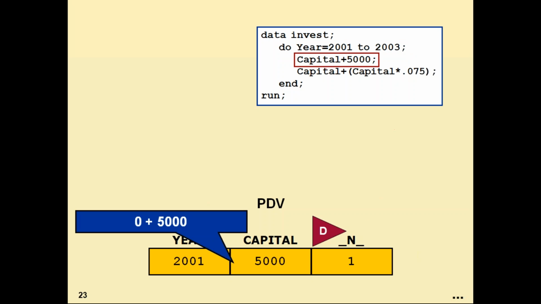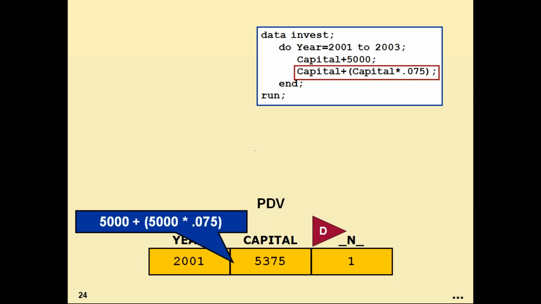When it executes the statement capital plus 5,000, where will it store? It will store in capital only. Capital plus 5,000 means capital equals capital plus 5,000. So 0 plus 5,000, again stored in capital only. So you will have 5,000 in the first iteration.